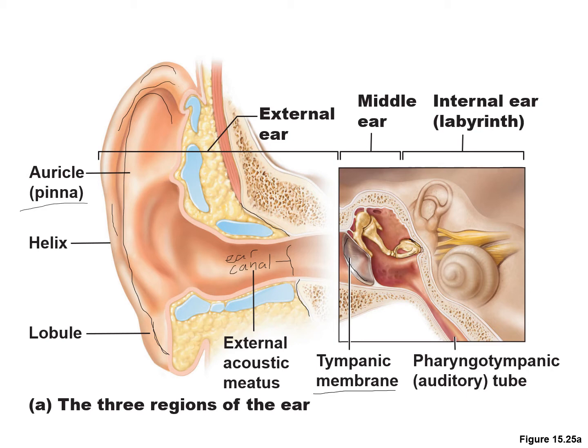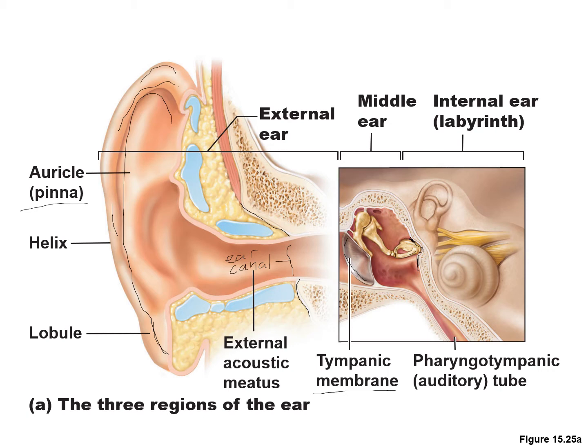Inferior to that is a structure called the round window. So this fairly small area between the tympanic membrane and the round and oval windows is your middle ear. We have our tympanic membrane and then the three middle ear bones, the malleus, the incus, and the stapes.